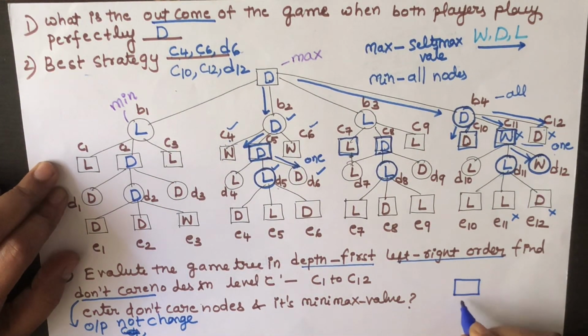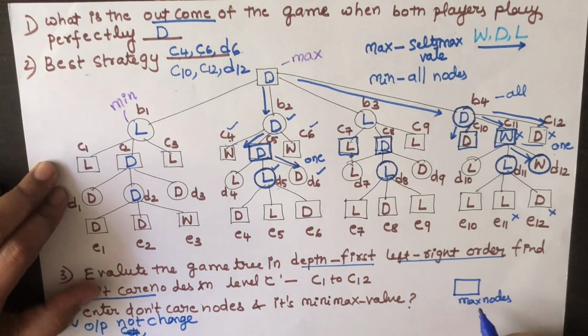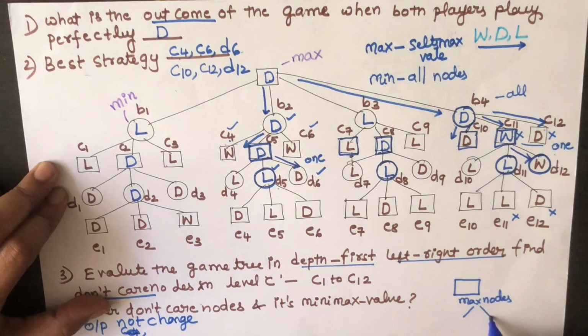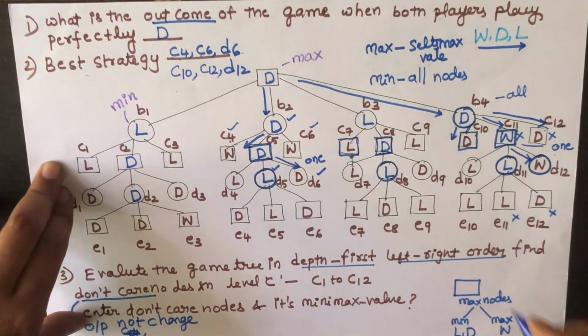These are the max nodes, and the max nodes have a minimum value and a maximum value. The maximum value is win, and the minimum values are loss and draw. Okay, these are max nodes.